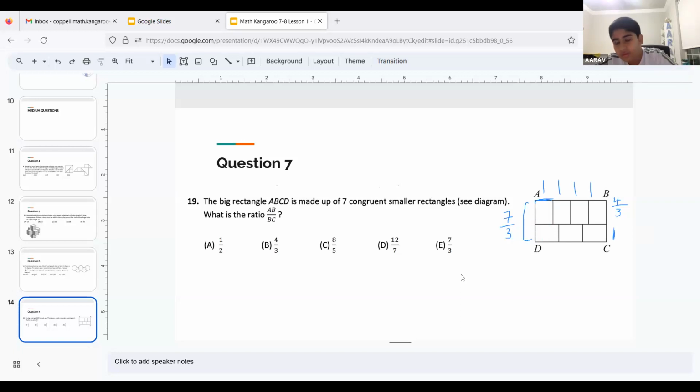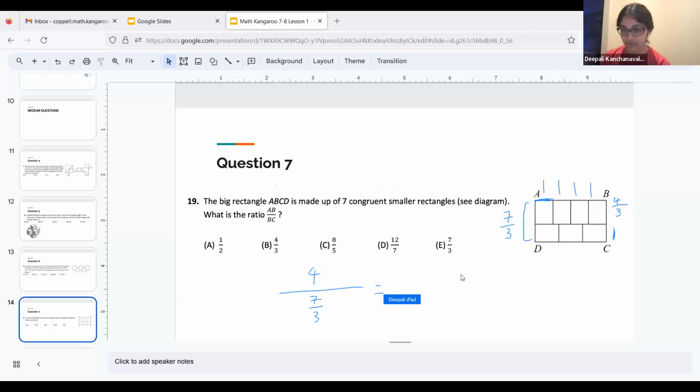Wait, so you did 4 divided by 7 over 3, right? Which is equal to... you're on the right track.